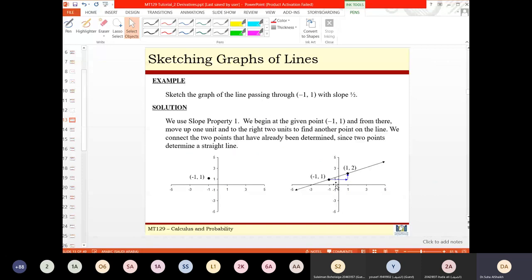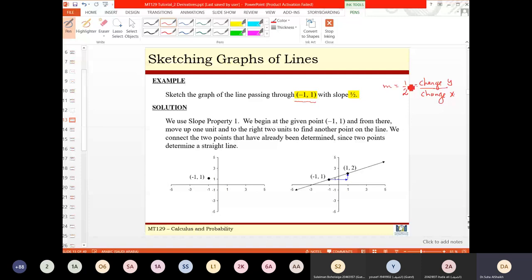One more example. They want you to sketch the graph that passes through this point and has a slope of a half. The first information is that it passes through the point (-1, 1). The second thing is that it has a slope m equal to 1 over 2. I know the slope is nothing but the change in y divided by the change in x.